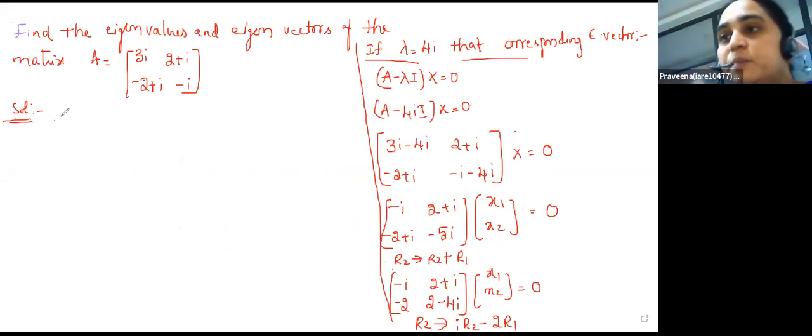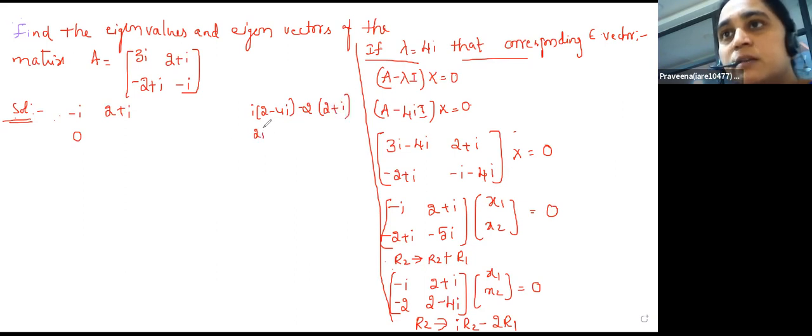Okay, then tell me, R2 changes to i R2 minus 2 R1. For that, minus i, 2 plus i. For this, it is 0. And next, here I'll write i into R2. What about the R2 row? Second element, second number 2 minus 4i. I'll multiply with i, that is i into 2 minus 4i minus 2 into 2 plus i.